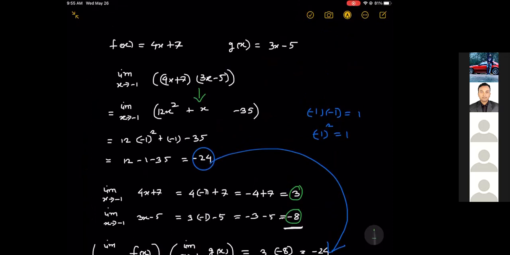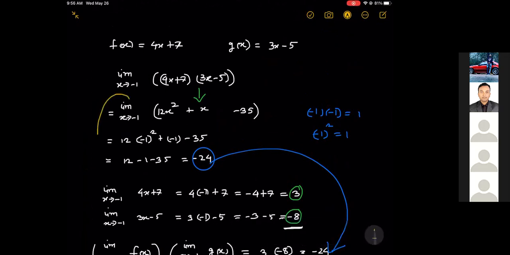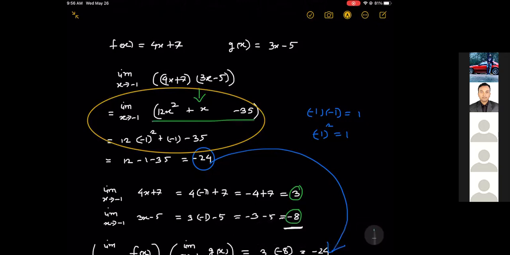Yeah, here. This is the one. This is the example of a polynomial. Polynomial functions. This is a polynomial, and I have plugged in the -1 in place of the x. This is what the polynomial function theorem is saying. Any question from this one?